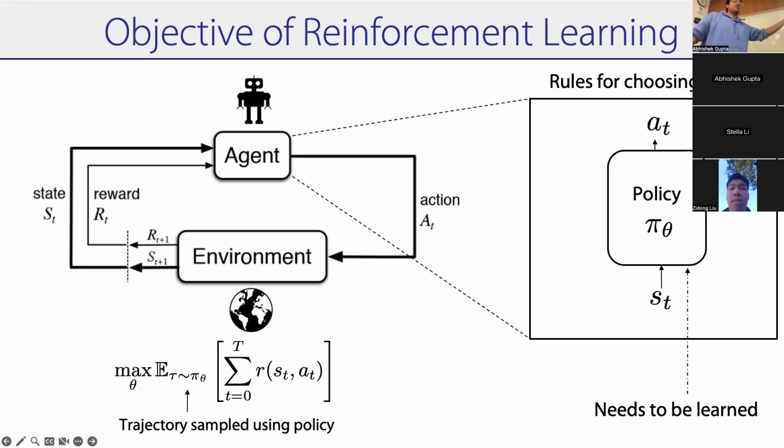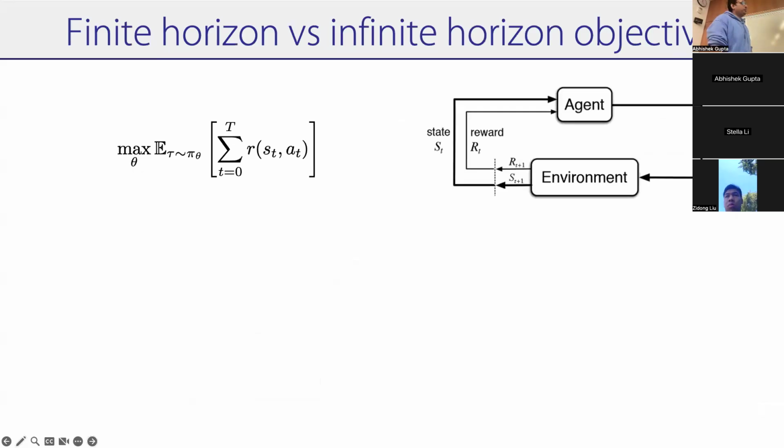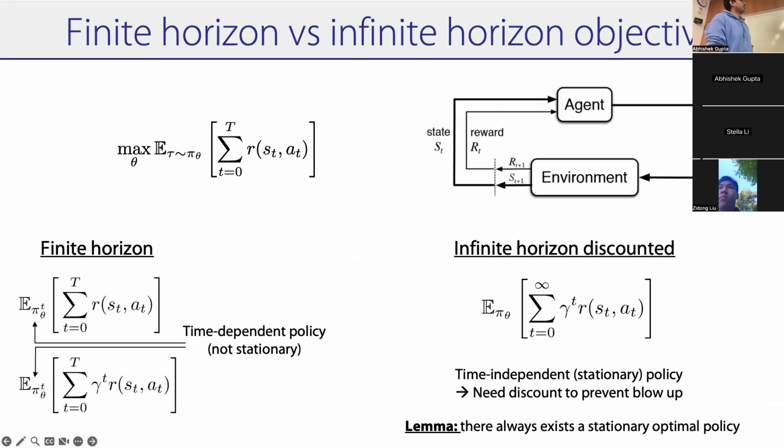We did imitation learning, which doesn't actually maximize the expected sum of rewards. It does maximum likelihood given an expert, but it doesn't use rewards. It doesn't do this objective. We saw there were some issues with compounding error. It doesn't take expectation under the policy, right? And so we're going to try and directly solve this objective. I think we covered this, but you can have things be finite horizon or infinite horizon.